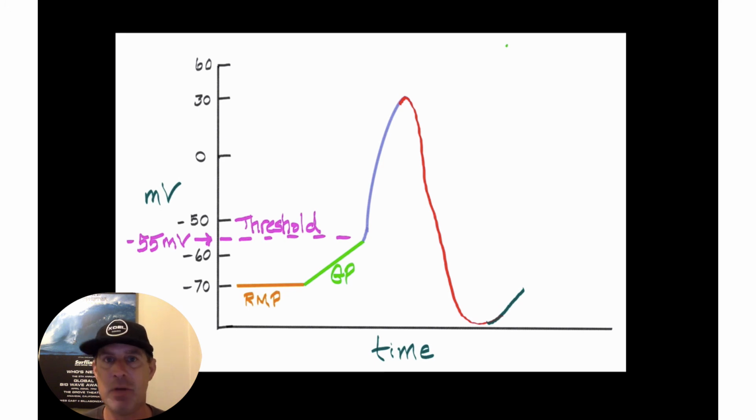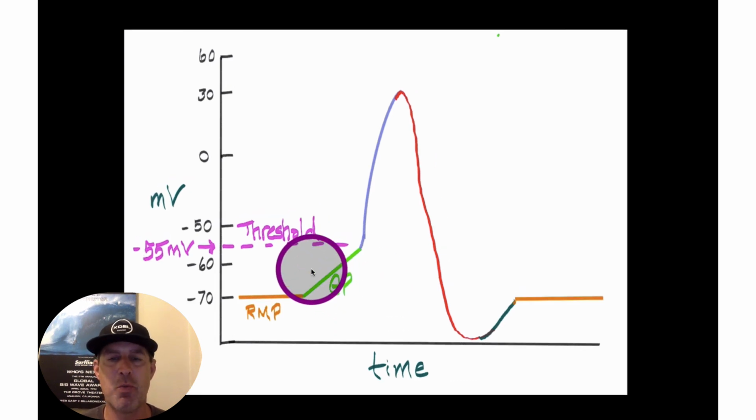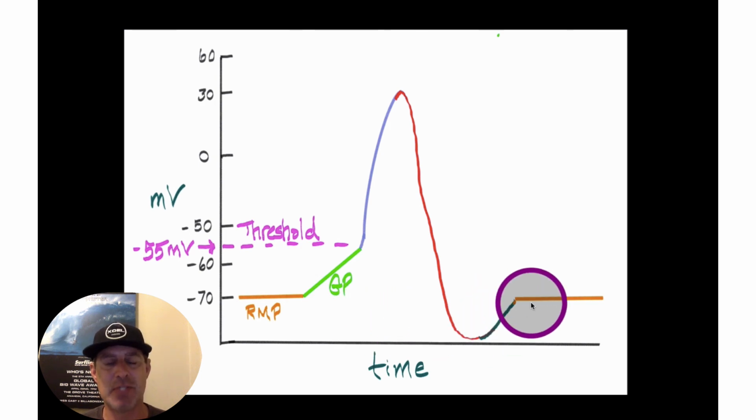Potassium is positive. Positive and negative are attracted to each other. So negative 90 is where hyperpolarization ends, not because the potassium channel is closed, but because that is potassium's equilibrium potential. And then eventually that will move back up to the resting state of negative 70.